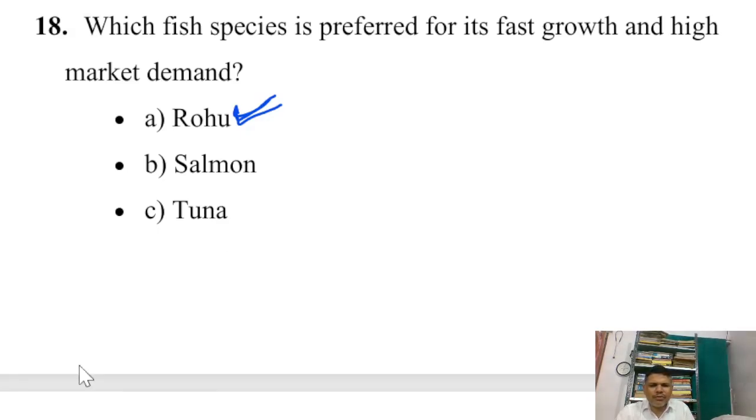As we know, goldfish is an ornamental fish, and salmon and tuna are marine fish. So the most appropriate option is rohu.